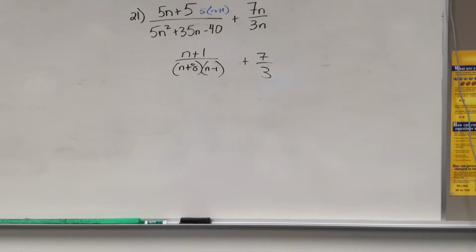Okay. So now I've simplified everything as far as I can, so now I'm going to go through the process of adding them together. In order to add them together, I need a common denominator. What do I need to do to the first fraction? Multiply it by 3 over 3.